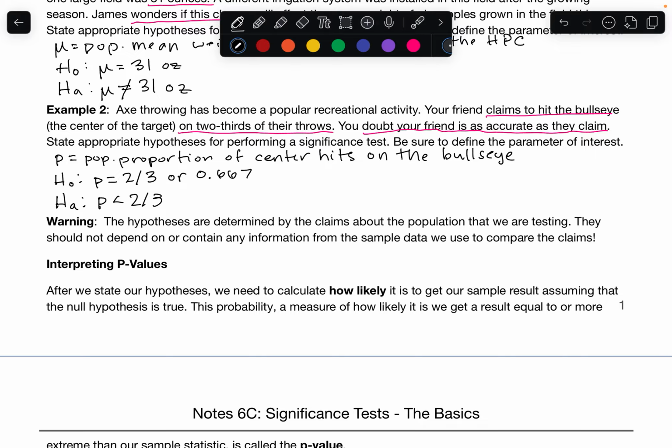Okay, so again, reminder that we're testing claims about populations, so we should not have any information about our sample data in these hypothesis statements. That's a really common mistake that I see when I teach stats.